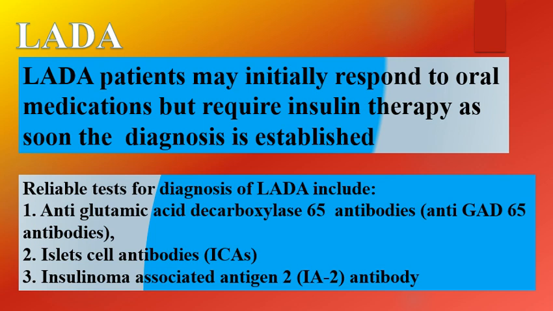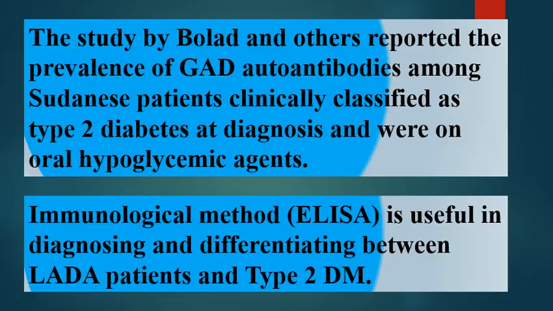This will relieve and decrease the stress on the beta cell of the pancreas. And these are the reliable tests for diagnosis of LADA. I mentioned them before, and I said the most important one is anti-glutamic acid decarboxylase 65 antibodies, or anti-GAD 65 antibodies.